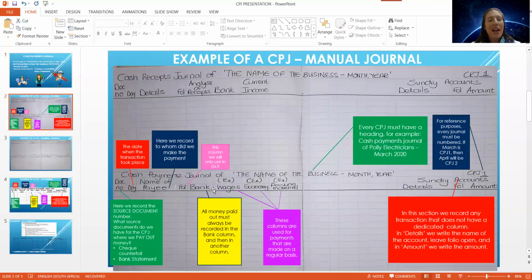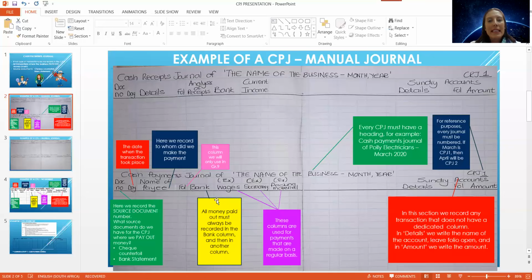All payments for now, you'll learn about a few different methods in grade 10 and upwards, are made directly from your bank account, either by issuing a check or by making a payment via EFT. So whatever you are buying or paying, those amounts are coming straight from your business's bank account, and therefore the first column is your bank column.